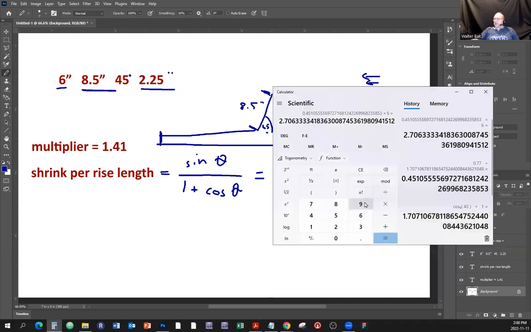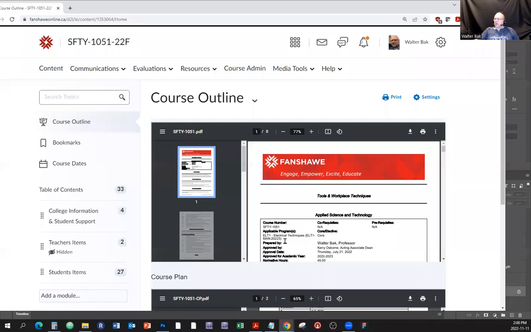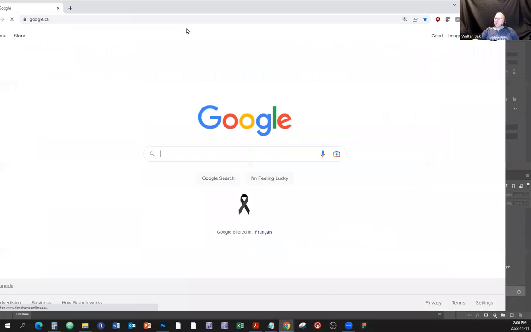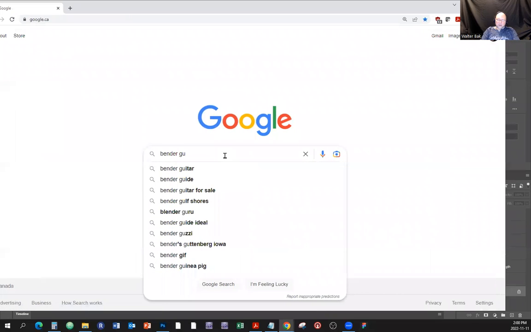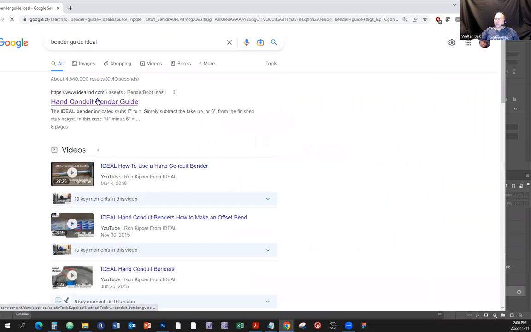So always verify things. What we can do is look at this sticker on the handle and verify that with reality. Just for kicks, I'm just going to Google Ideal bender guide. Let's look at the ideal sticker.